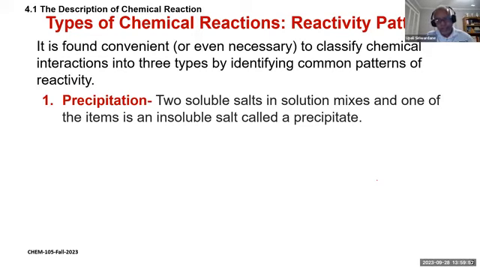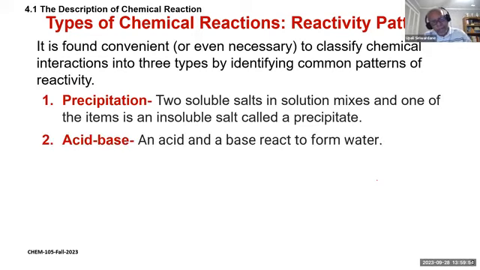We're going to look into that a little later. Acid-base reactions are reactions between a compound classified as an acid and a compound classified as a base. When they react, they form water and salt. So these are based on reactivity pattern.